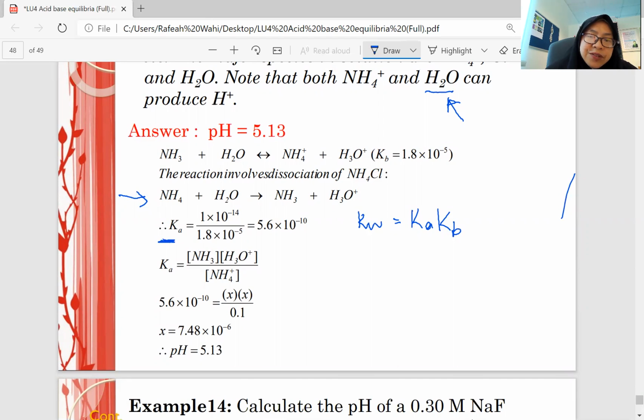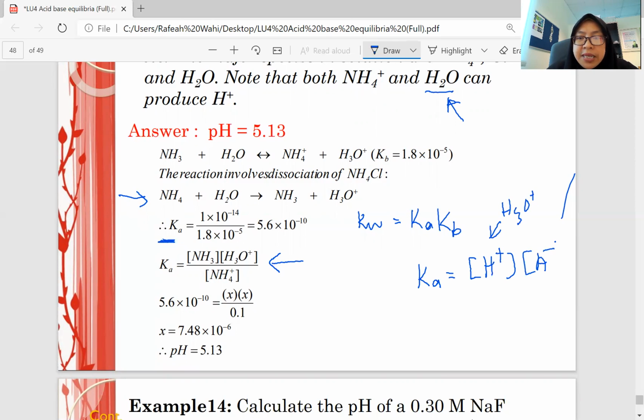Okay, so if you still remember, in the second part of the learning unit 4, we have learned about the Ka formula. Ka is always the concentration of H plus ion, or hydronium ion, it is the same, times the concentration of the conjugate base divided by the concentration of acid.